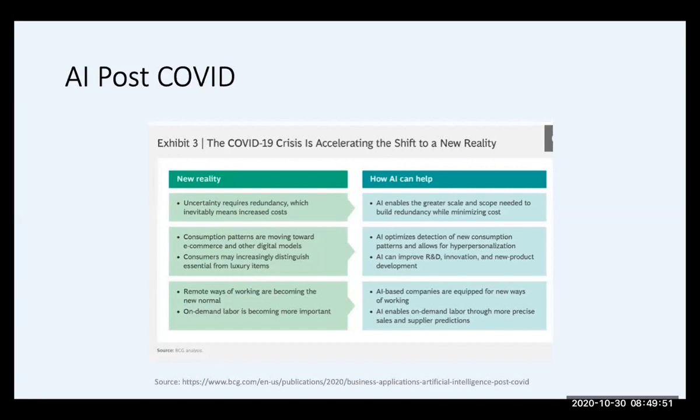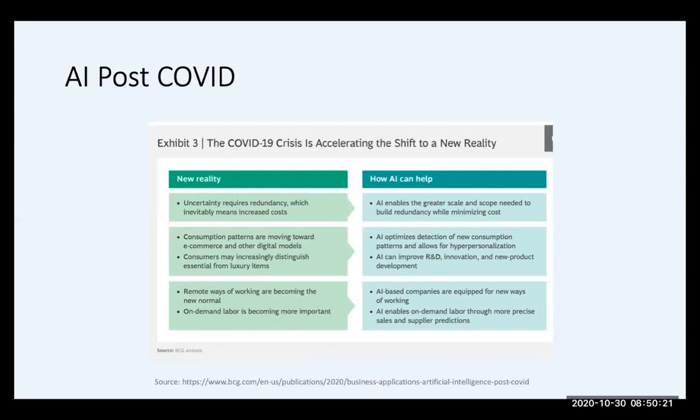COVID has put everybody into a different situation, and this automation, this artificial intelligence, should not just be seen as automation that will reduce jobs. When AI was implemented, people also had the fear that it would cut jobs.